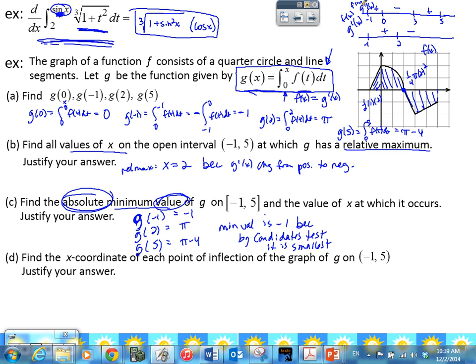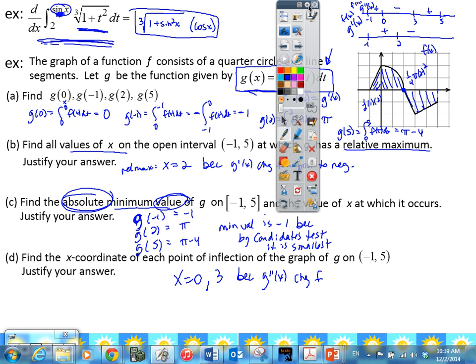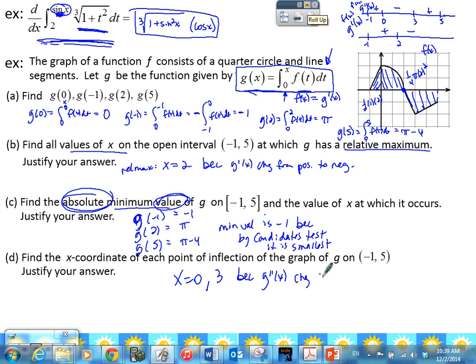All right, so inflection points, what do we have? 0 and 3. We have 2 of them, don't we? We have x equals 0 and 3 because why? g double prime of x changes sign. We don't even care which way on this one, right? So changes signs.